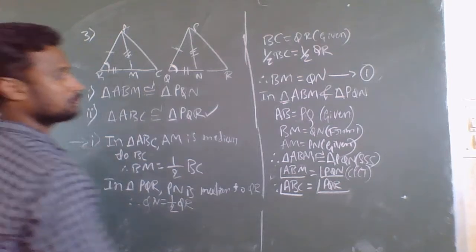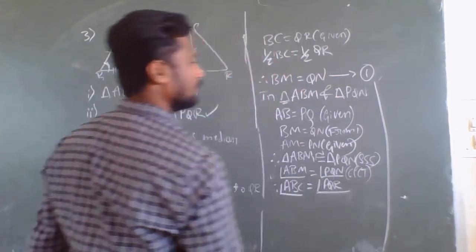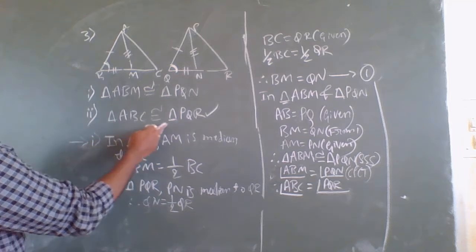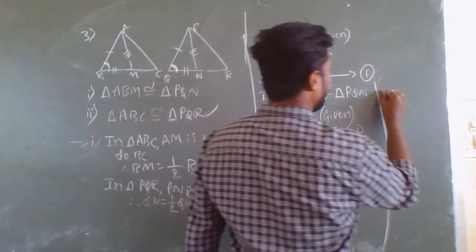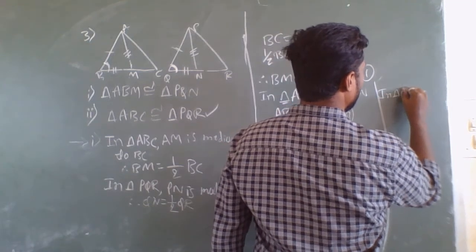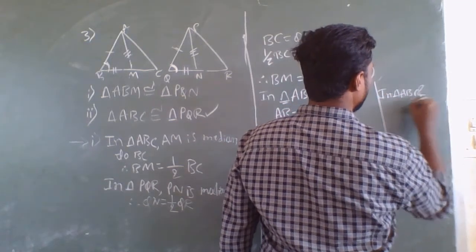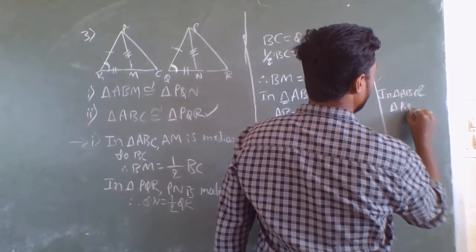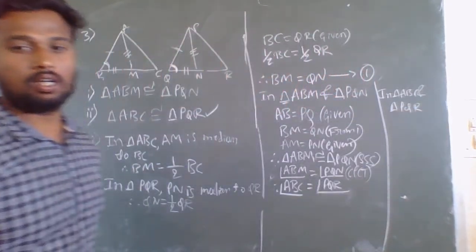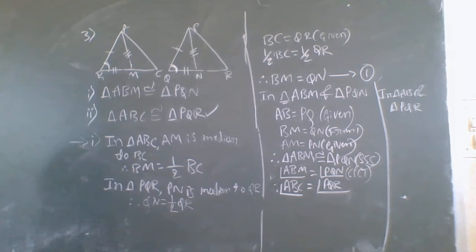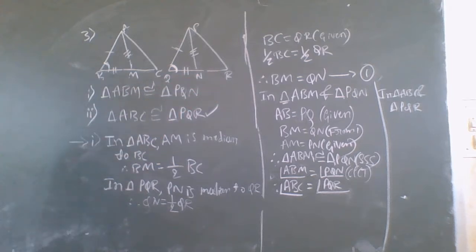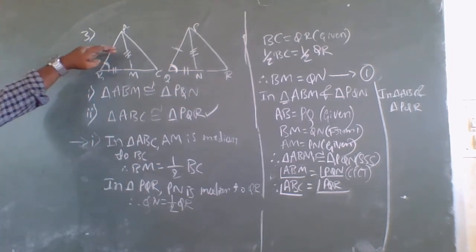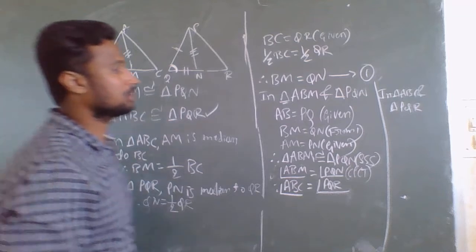So now, second one, triangle ABC and PQR. Here, in triangle ABC and triangle PQR, we know that this AB is equal to PQ because that is given.